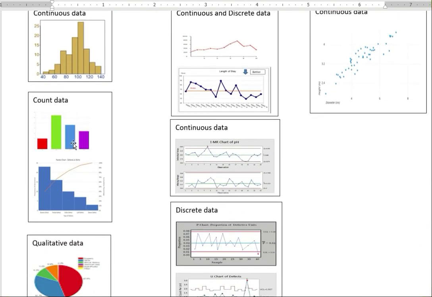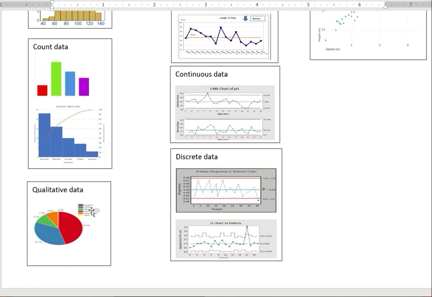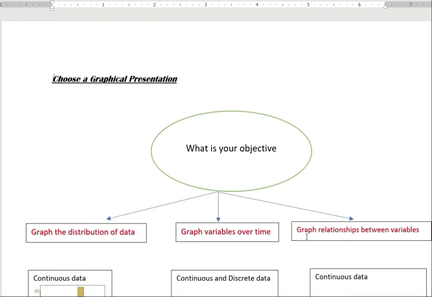If it is count, and if you want to show distribution, or if you want to compare, we can go with the bar chart. But if you want to prioritize your problem, go with the Pareto chart. Suppose it is qualitative, and if you want to show the distribution of the data, we can go with pie chart. So this is the summary. These are the graphical methods we can use for the presentation of healthcare quality and patient safety data.